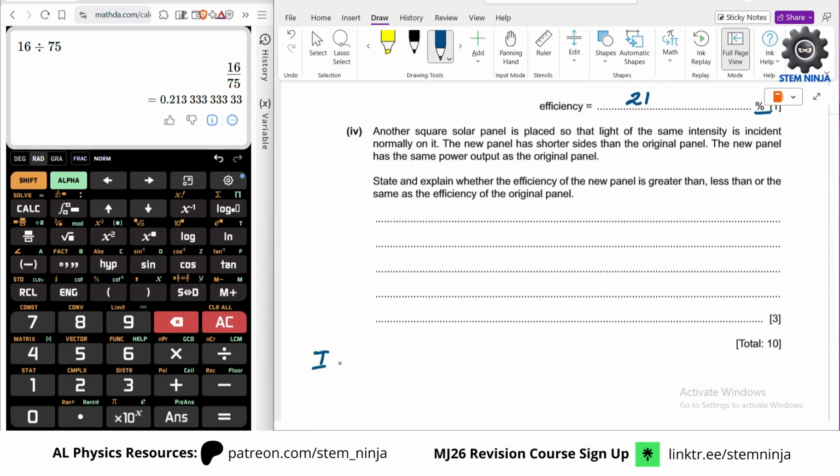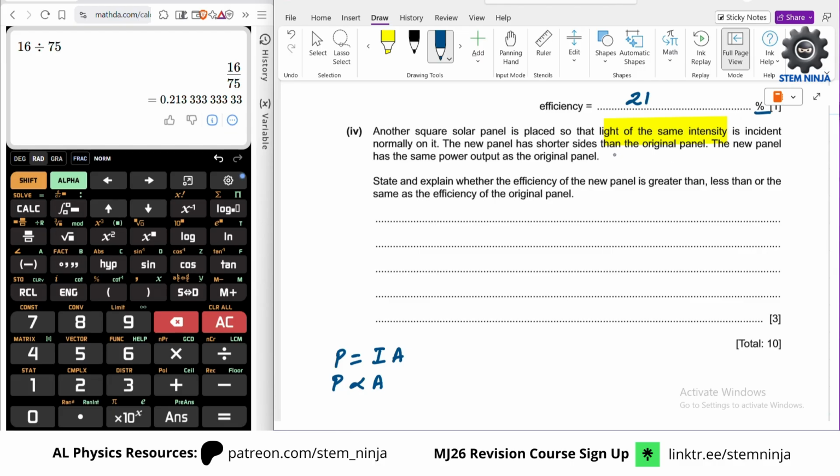Okay, so we know that the power incident is intensity times the cross-sectional area, the perpendicular area. Light of the same intensity is used, so intensity is constant. So power incident would be proportional to area.